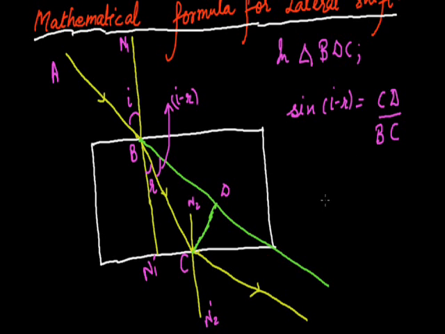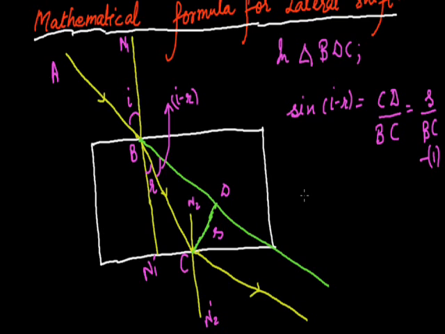Now we can see that this CD is the lateral shift and we have to find out this value. So let's say it is S. Now we can write this value as S upon BC. Let this be equation 1.